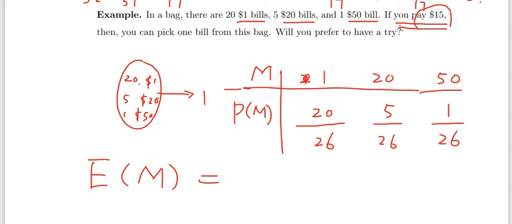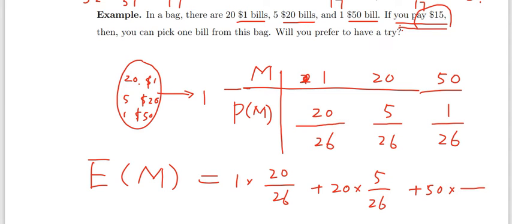So the average is equal to 1 times 20 over 26, plus 20 times 5 over 26, plus 50 multiplied by its probability of success.